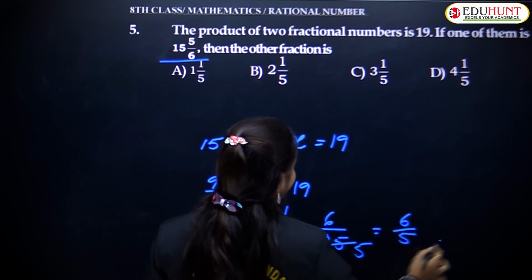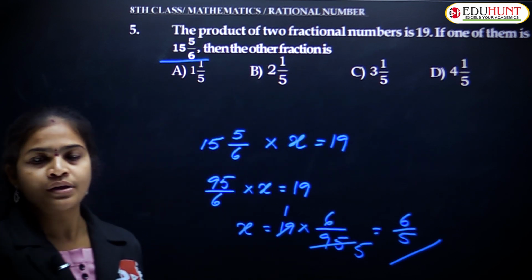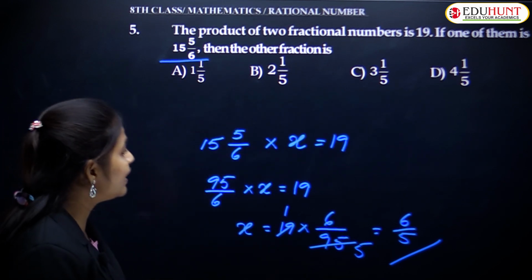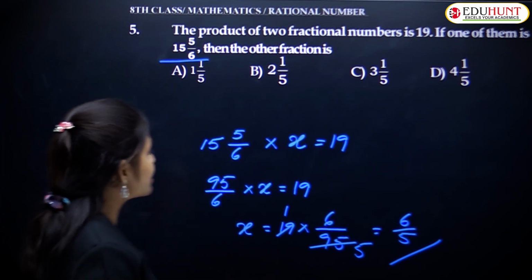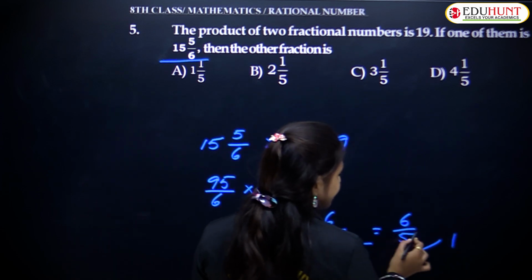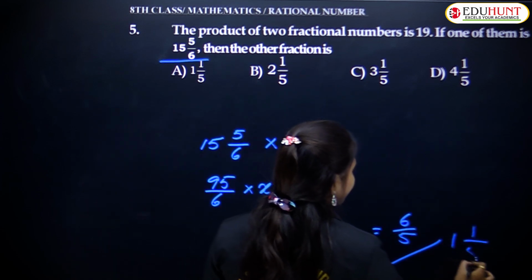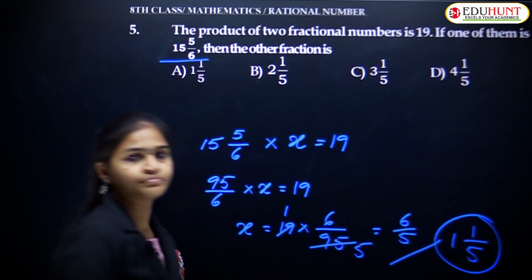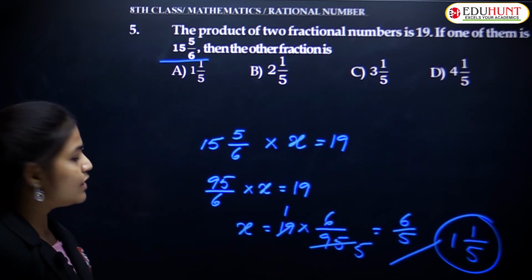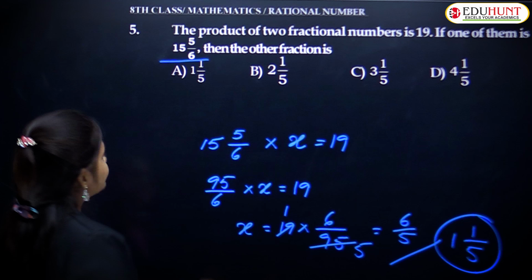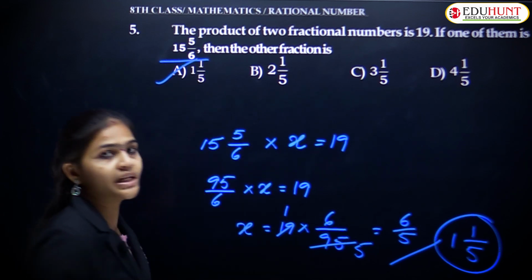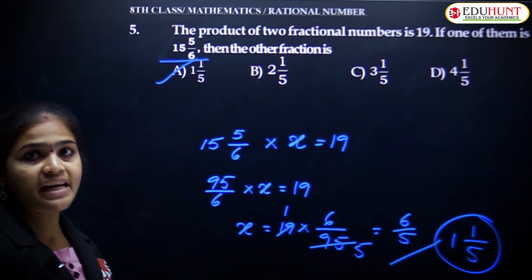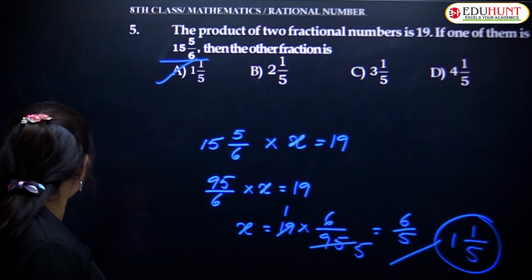So 6 by 5 is the another fraction. But here mixed fractions they given, no? So 5 ones 5 plus 1 by 5, 5 plus 1, 6 by 5. Clear? So easy only. So which option is correct? That is option A. And still we are having one more question in this worksheet.